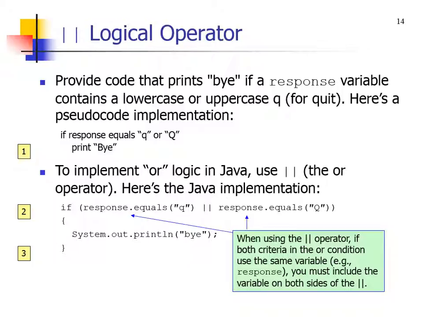So all you do is, if response, meaning that's the variable, is going to equal a q with the OR operator, which is the two pipe symbols, response equals uppercase Q. Or if you really wanted to have fun with it, you could do response dot equalsIgnoreCase q. And so you wouldn't have to do the OR, because it would check either uppercase or lowercase. Print bye. But we'll get to ignore case a little bit later on.